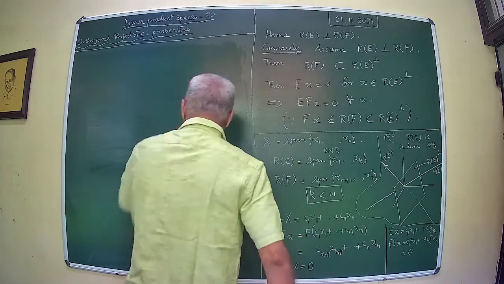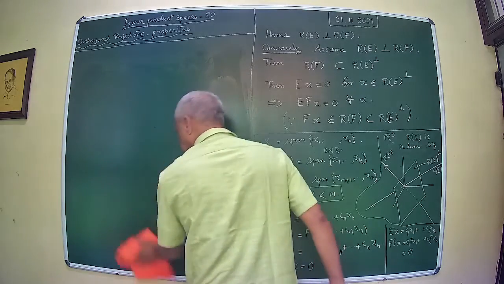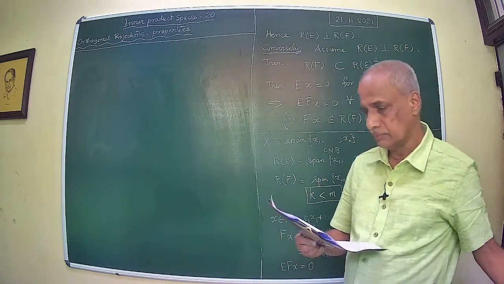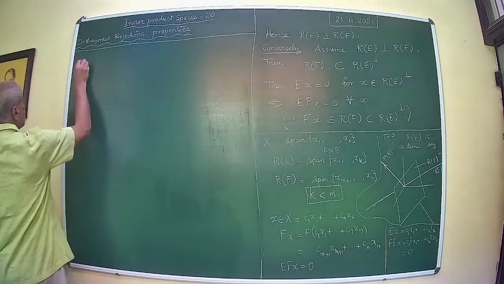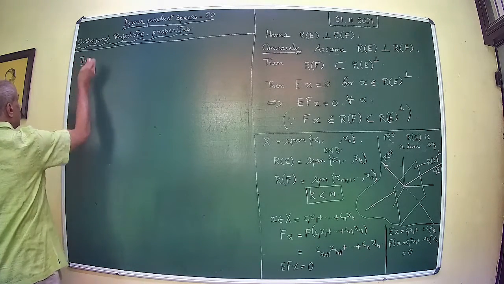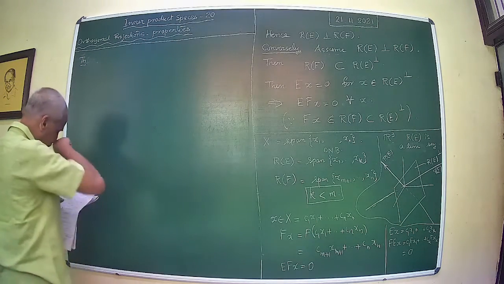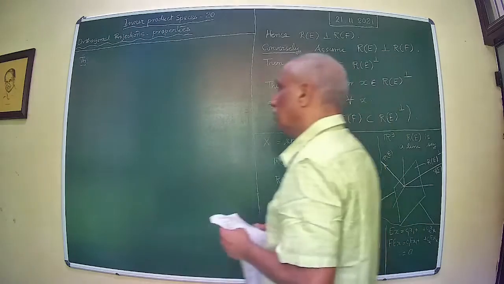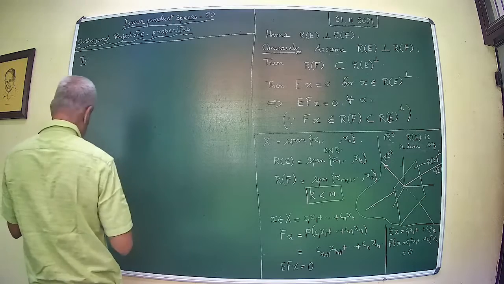Suppose E1, E2, etc., En are orthogonal projections. Of course, this n need not be the dimension of X. Now, let us take the dimension of X as some number which is not n.